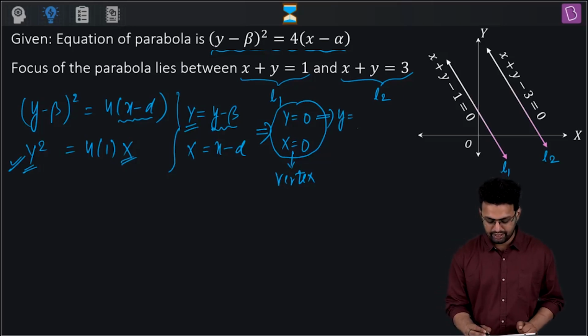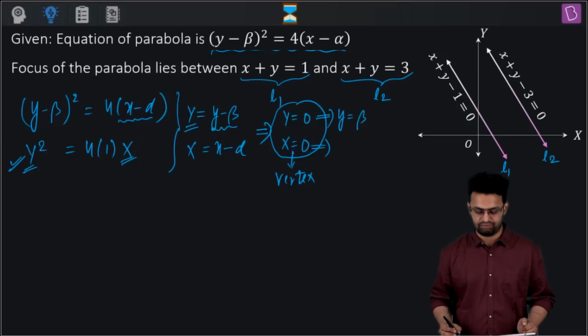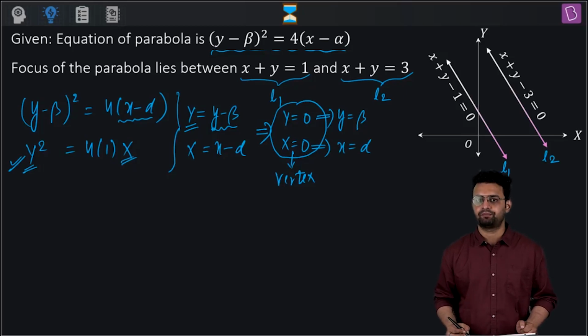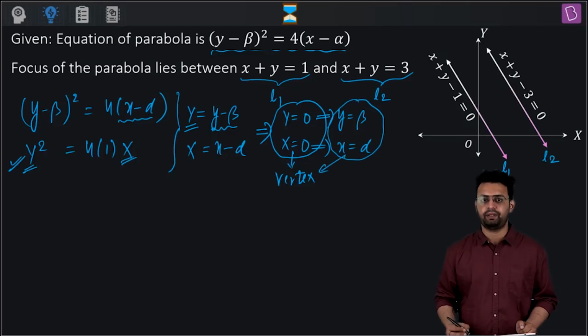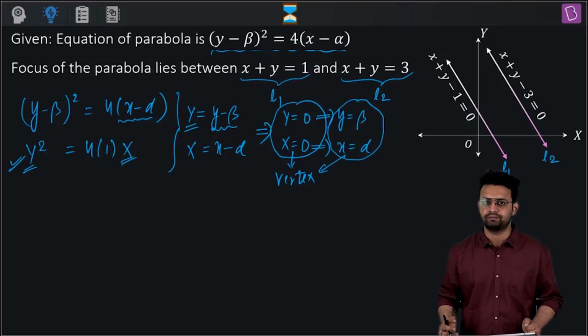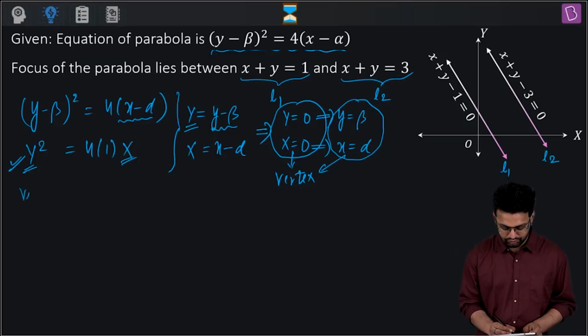From there I'll get y is equal to beta, and in place of capital X if I place x minus alpha, from there I get x as alpha, right? That means these are the coordinates of the vertex with respect to the original origin. So we have the coordinates of the vertex as (alpha, beta). I'm writing this once again for you. We have the coordinates of the vertex as (alpha, beta).